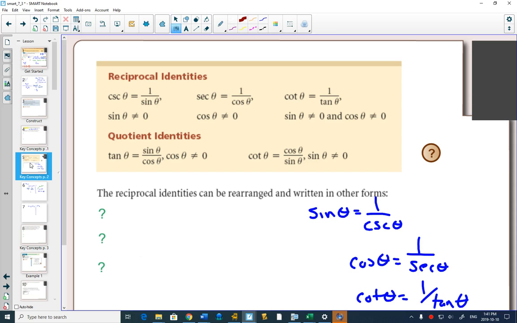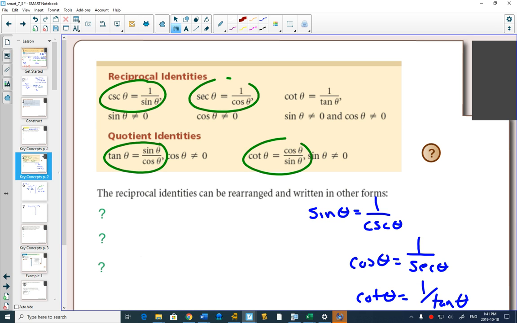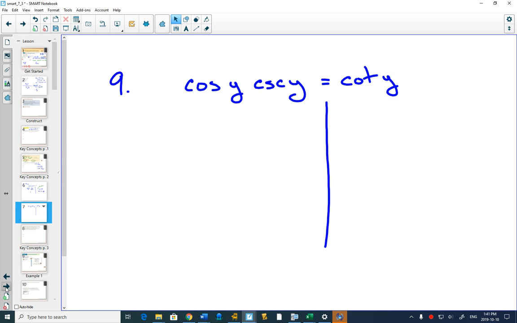So in this case, those green ones, they all change things to sine and cos. And the reason that's going to be helpful in our solving is if we want to have both sides the same, maybe it would be easier if everything was with cos and sine. We might get a little bit closer to having them the same.